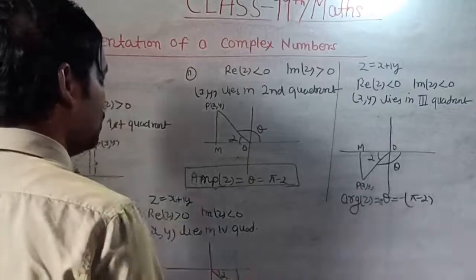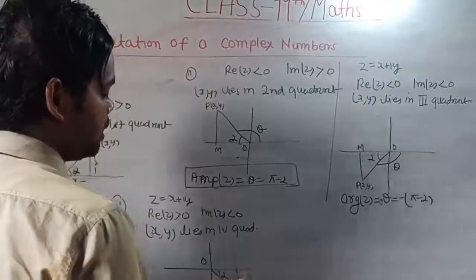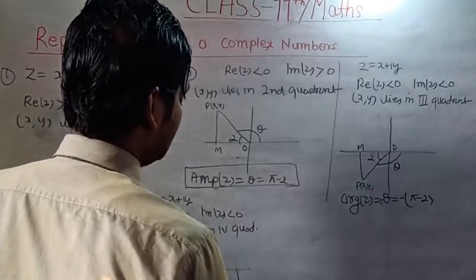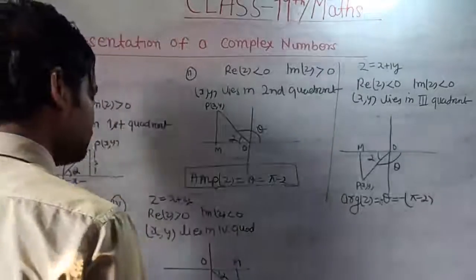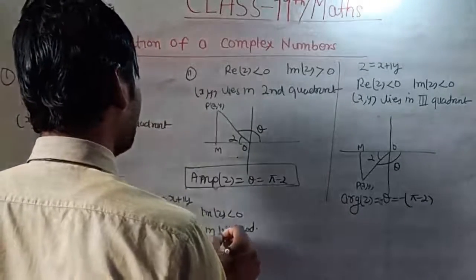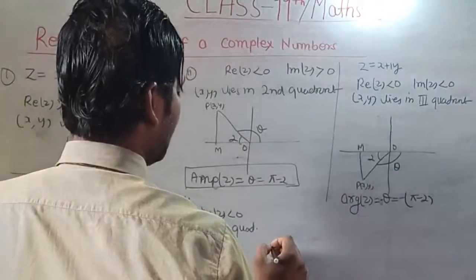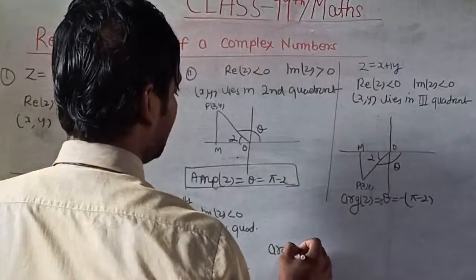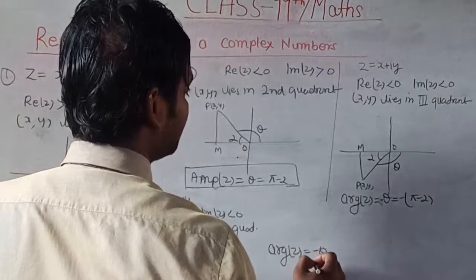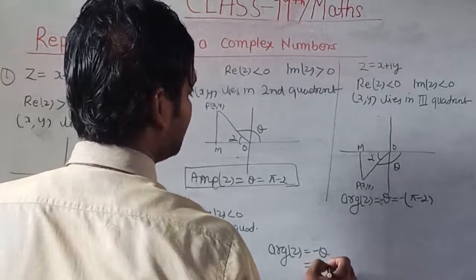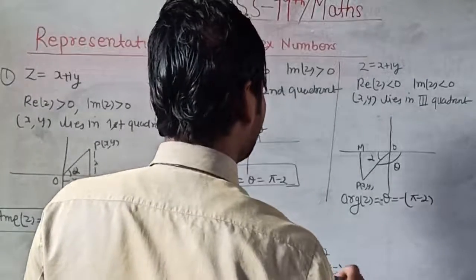Here OP makes an angle alpha with the positive direction of the x-axis. In this case the argument of z is minus theta, so the argument theta is equal to minus alpha.